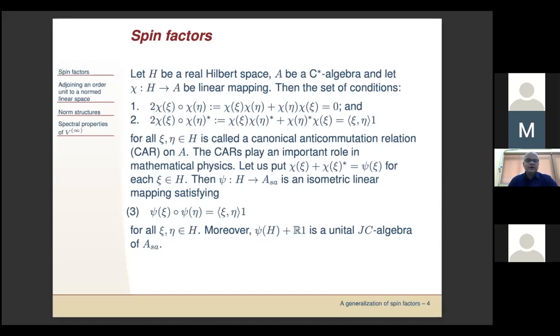So it is taking the product into the inner product if you overlook the identity operator. Because we want this multiplication to be in the algebra, we need to include the identity. So we take the image of H under psi and adjoin the identity, and then we get a unital concrete Jordan algebra in A_sa.